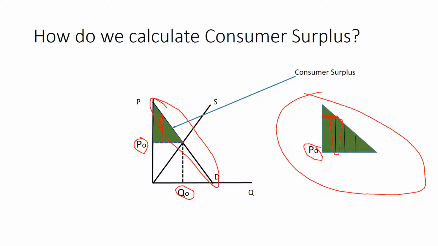If we did this for every buyer in this market, we would get lines that go all the way down from the top of the demand curve to the price at every point, and that's how we get this green area, our consumer surplus. So all you have to do is calculate this area, which is just a triangle, which is 1/2 base times height. And that's all. That's how you calculate consumer surplus. Thanks. I hope you learned something.